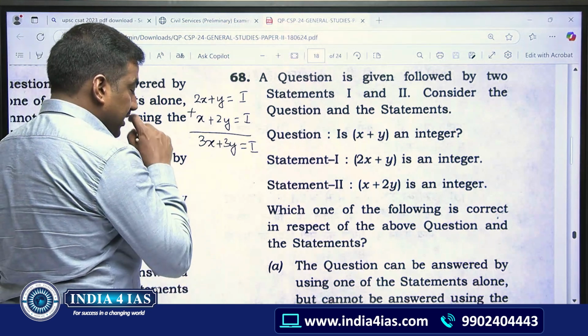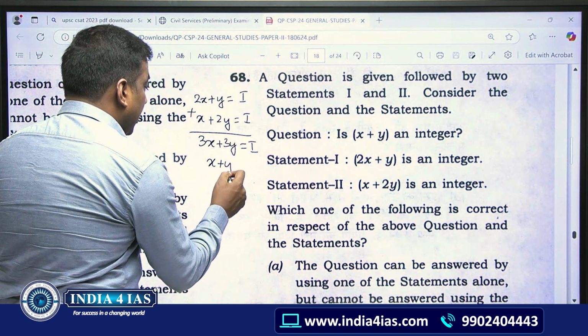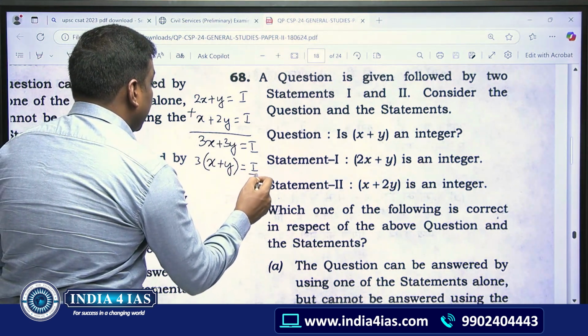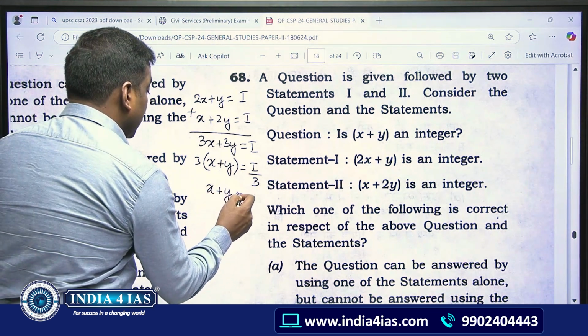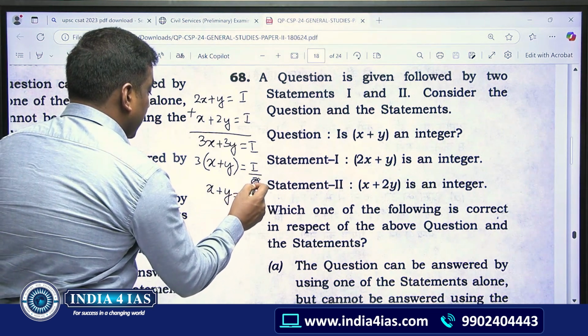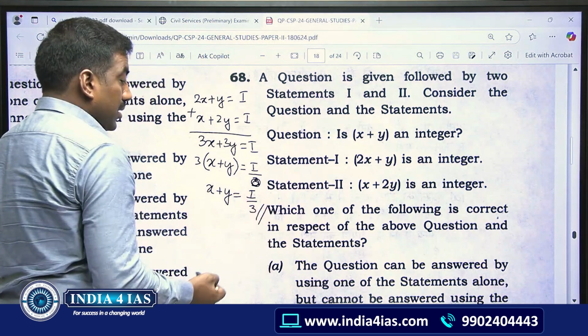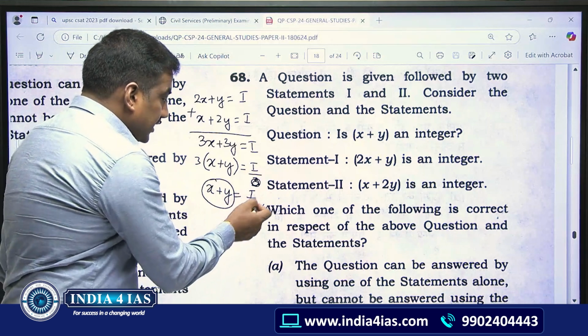In this case, if I take 3 outside, x plus y is equal to an integer divided by 3. So when I want the value of x plus y, it is integer by 3.